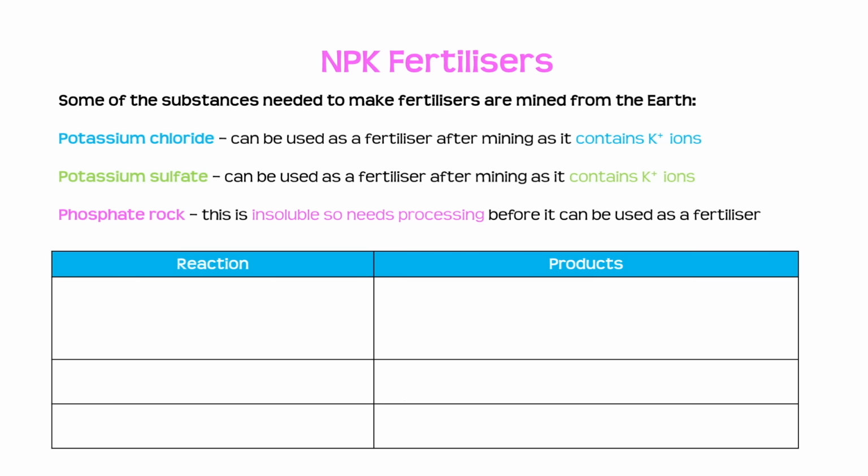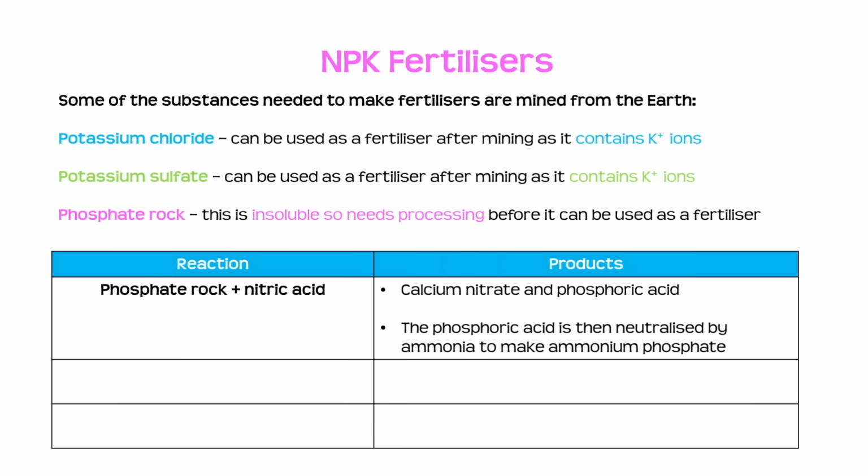Now, there's 3 reactions that this phosphate rock can go through to make it into something that can be used as a fertiliser. And we need to know these 3 reactions. So the first reaction is the phosphate rock can be reacted with nitric acid. So when this happens, we end up making calcium nitrate and phosphoric acid. The phosphoric acid can then be neutralised by ammonia to make ammonium phosphate. This can be used as a fertiliser.